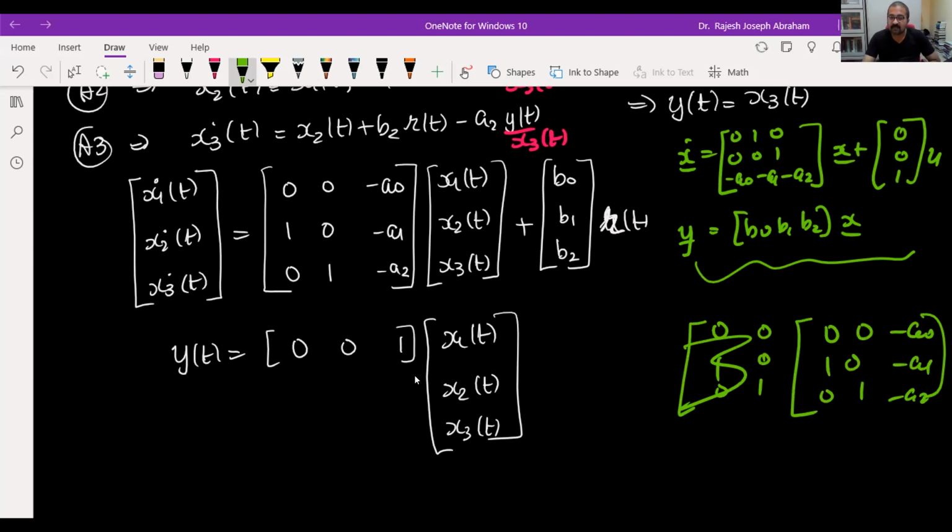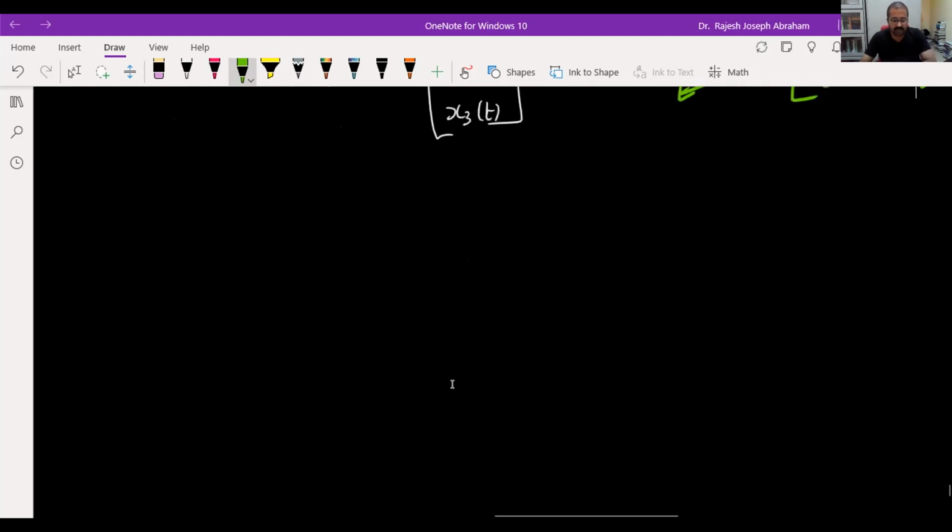So if A is the matrix in CCF form, then A transpose will be the A matrix in observable canonical form. Let us write the points here.